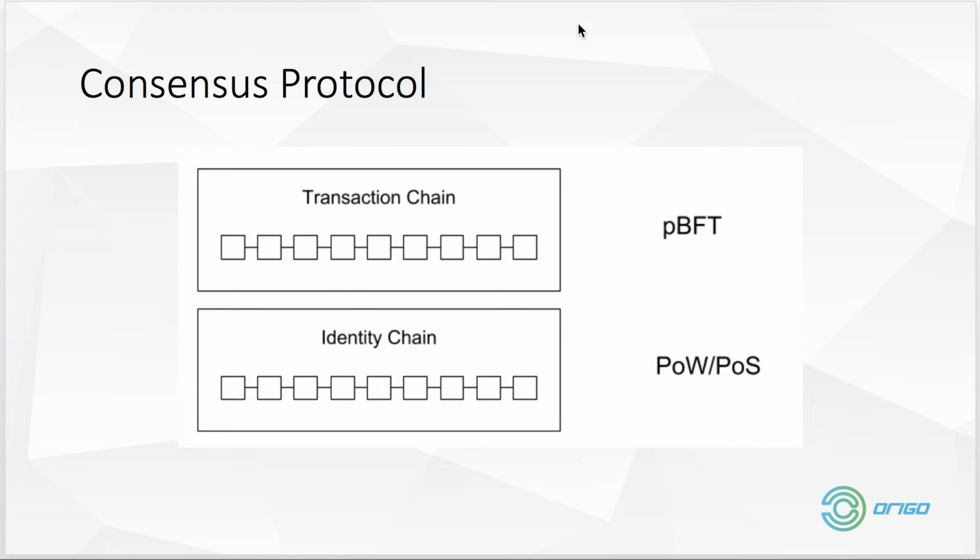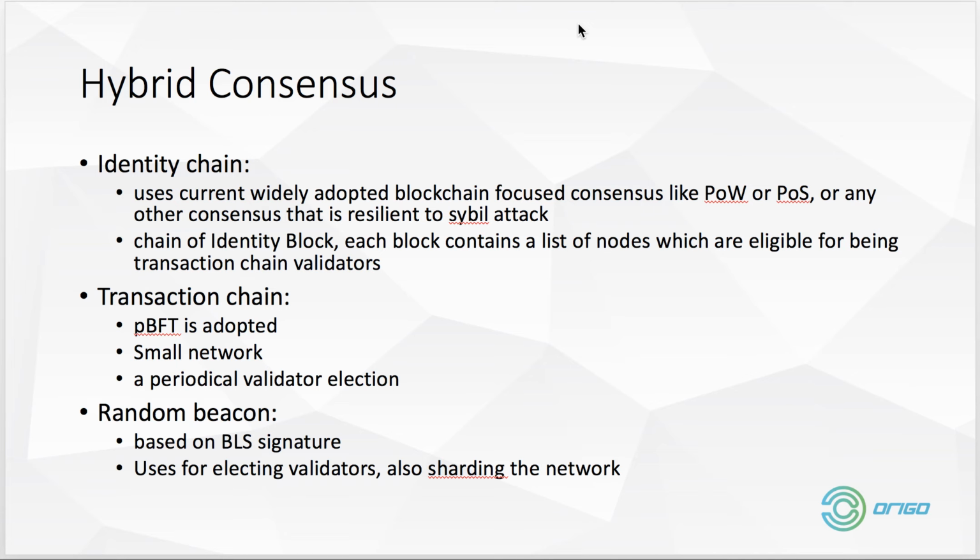Then, let's go back. For the identity chain, we just want to use some widely adopted blockchain consensus. It's a chain of identity blocks, and each block contains a list of nodes which are eligible to be validators for the transaction chain. So you're doing mining, say POW, for the permission to run the PBFT for the transaction chain.